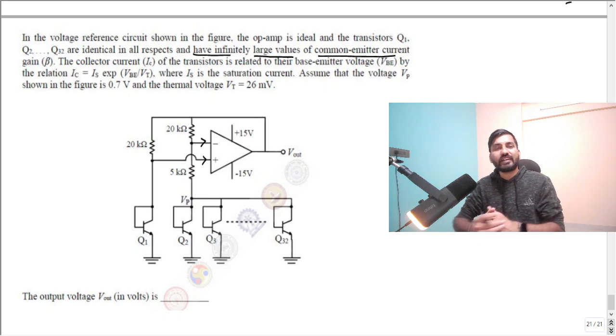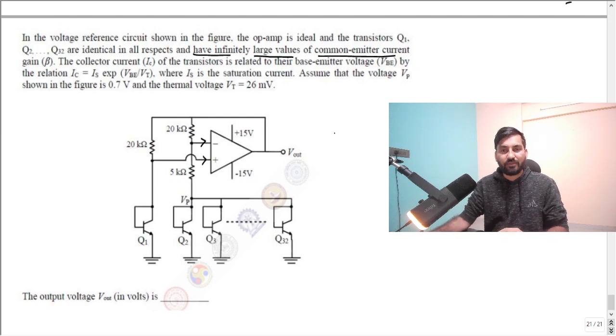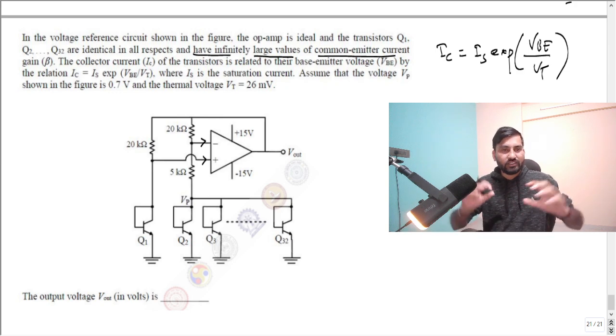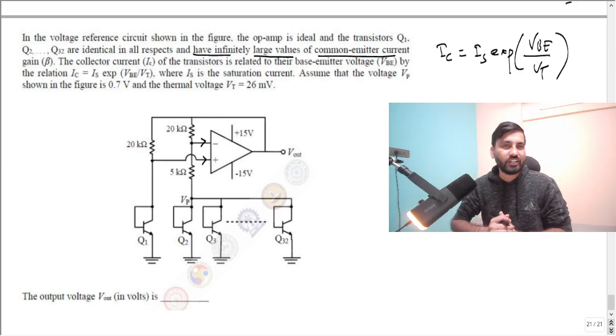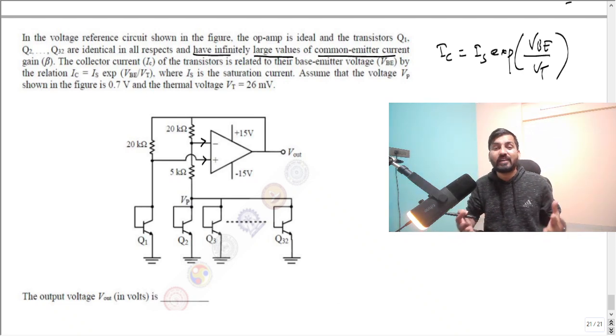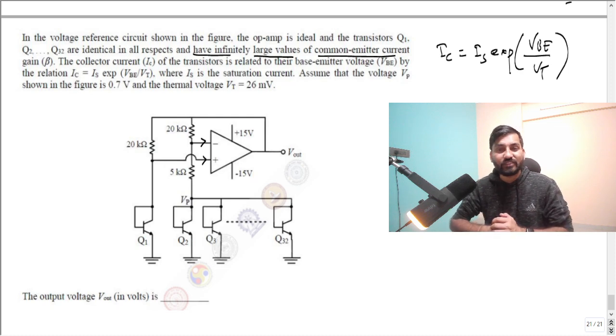The collector current of the transistor is related to its base emitter voltage VBE by this relation: IC equals saturation current times exponential of VBE by VT, where VT is the thermal voltage. Whatever statements are given in this question are there so that your life gets simpler and you can do the calculation very easily.